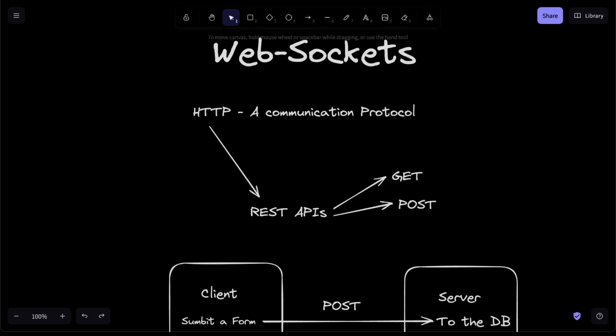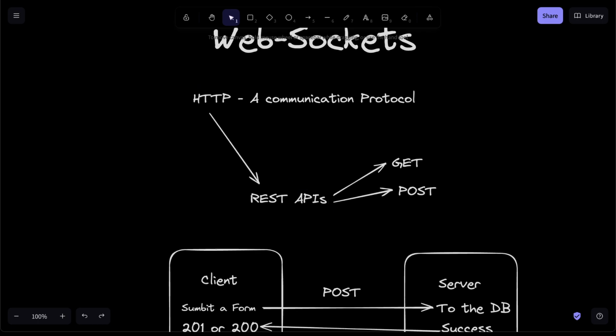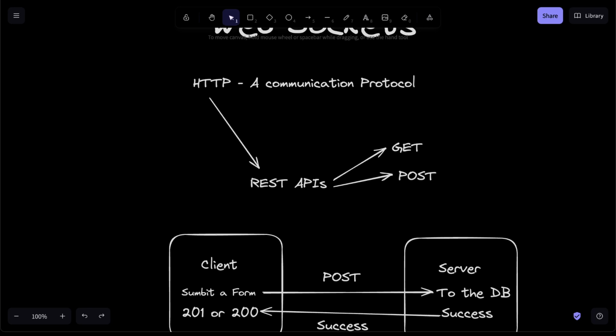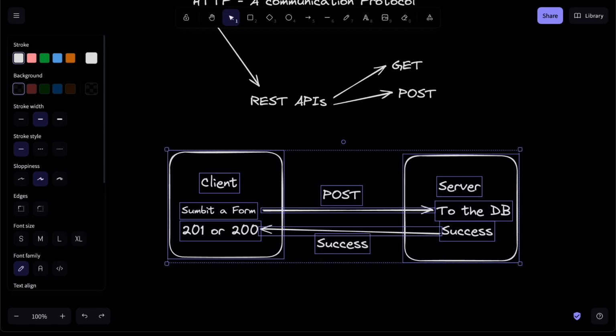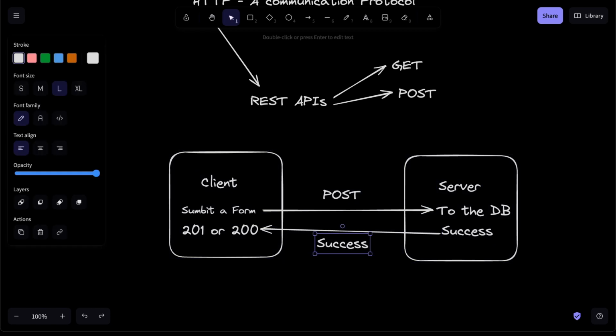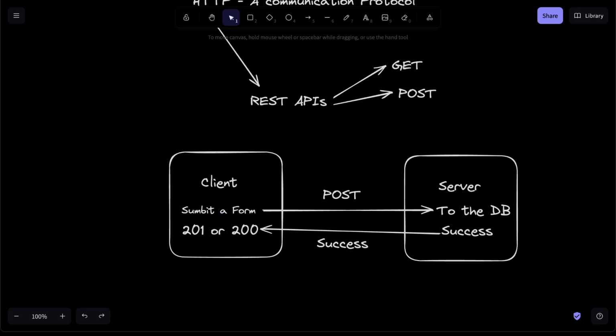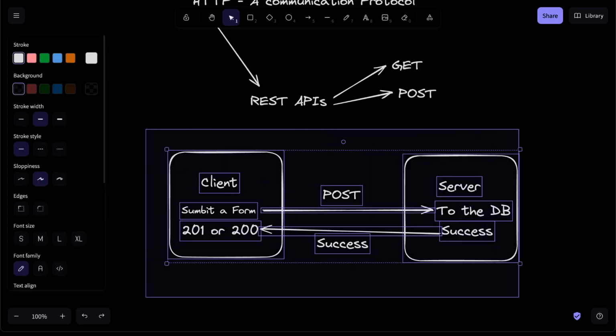This is known as a REST API call, which is done through an HTTP connection, which is the communication protocol, as I said before. So this whole thing makes one connection, and once the success message is seen on the front end, this connection is closed. So I can say this connection is temporary.